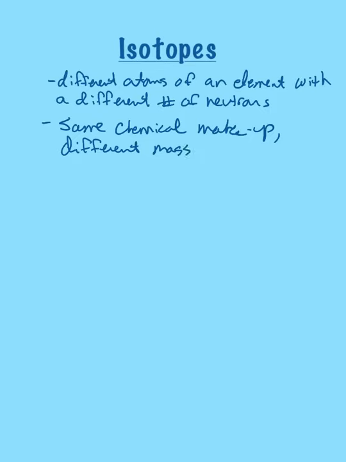Because of course we know that in the nucleus are the protons and the neutrons, and then the electrons are outside. We'll get into that much more later, especially in the next chapter.